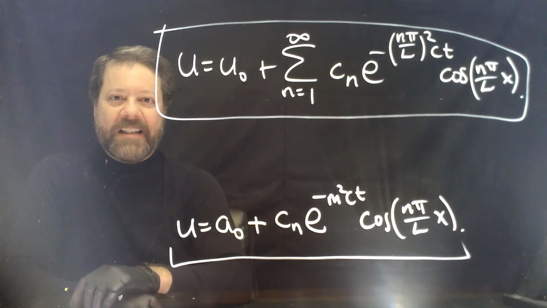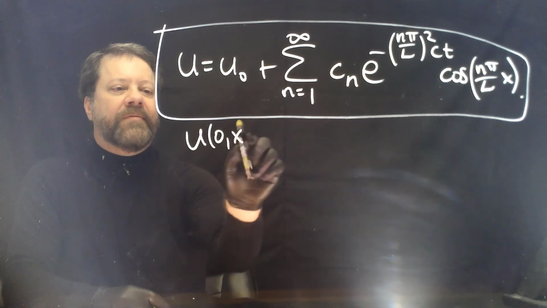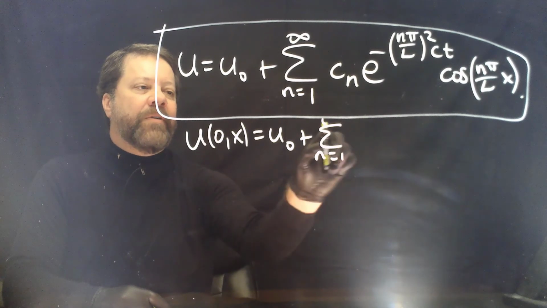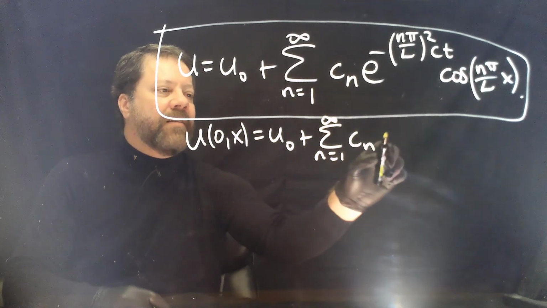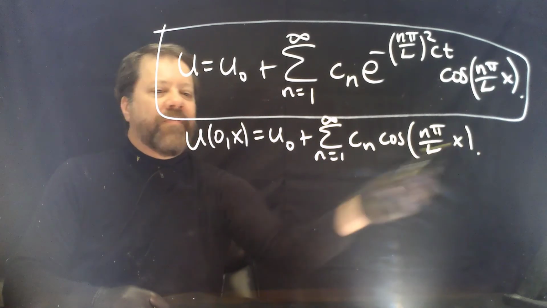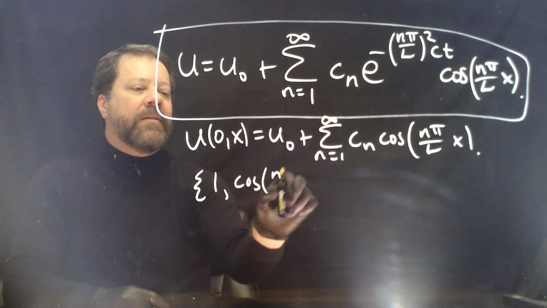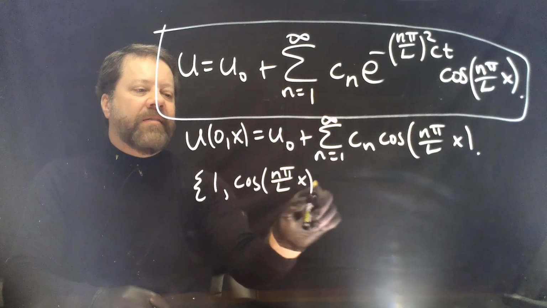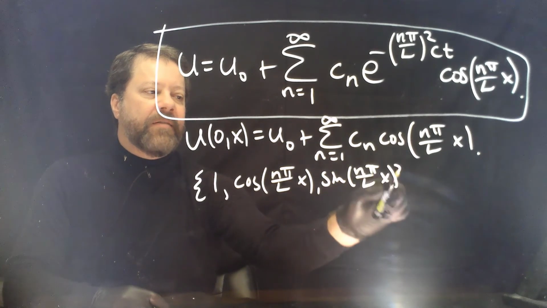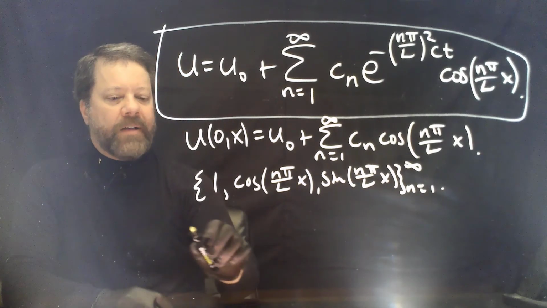Let's complete this. You can see then that u at 0 will be u naught plus the sum as n goes from 1 to infinity of cn cosine n pi over Lx. Remember, if our Fourier basis is 1, cosine n pi over Lx, sine n pi over Lx, n goes from 1 to infinity, we have to account for this 1.